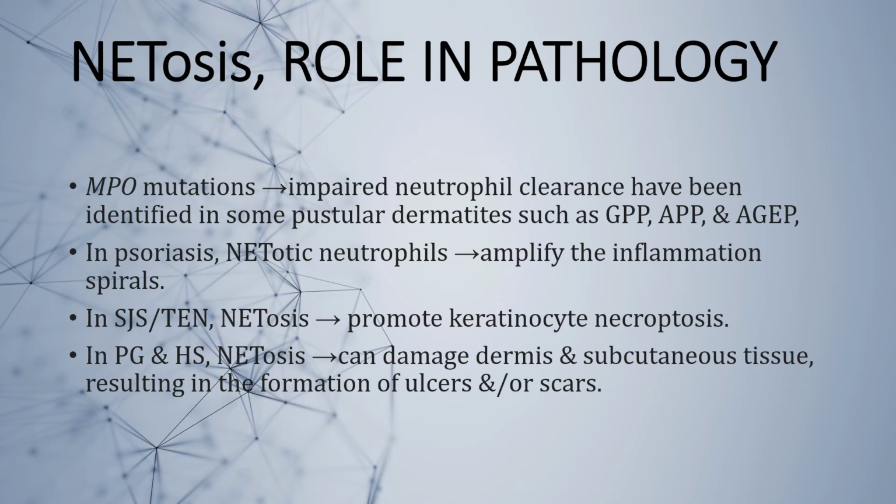On the other hand, the presence of NETotic neutrophils is evident in other diseases. In psoriasis, NETotic neutrophils amplify inflammation spirals. In Stevens-Johnson syndrome and TEN, they promote keratinocyte necroptosis. And in pyoderma gangrenosum and hidradenitis suppurativa, they can damage the dermis and the subcutaneous tissue, resulting in the formation of ulcers or scars.